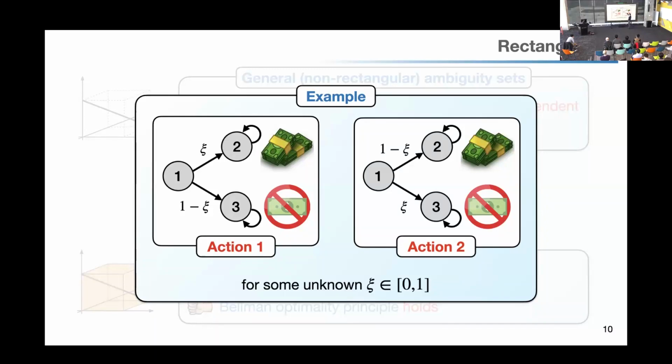Instead of choosing a single value of psi, nature would be able to choose 2 different values, psi1 and psi2, that can both range between 0 and 1. That's what SA rectangularity would imply in that example. And as a result, under SA rectangularity, nature would simply set psi1 to 0 and psi2 to 1. And then under no policy would we ever reach state 2.